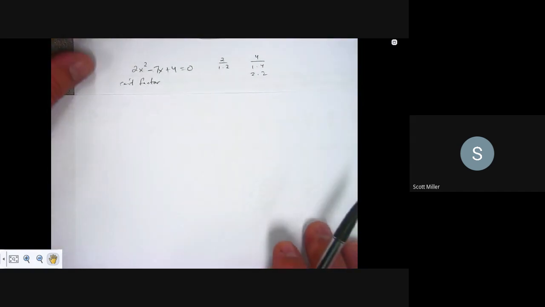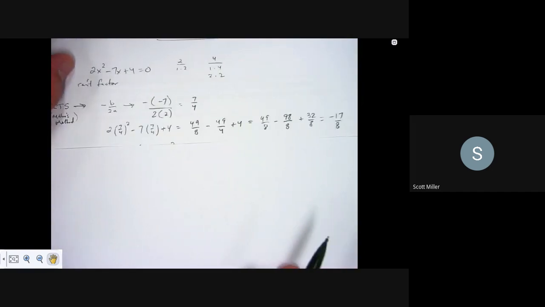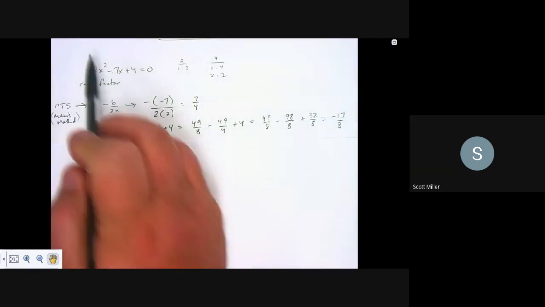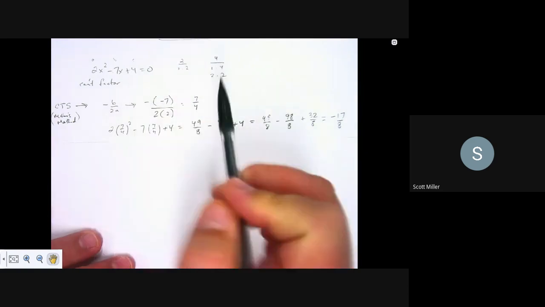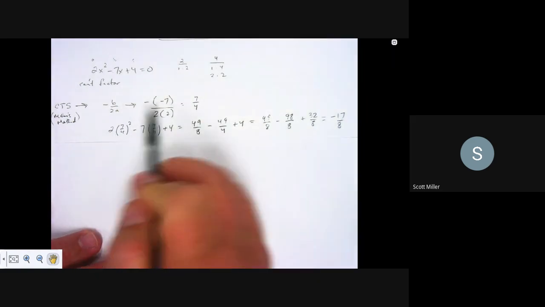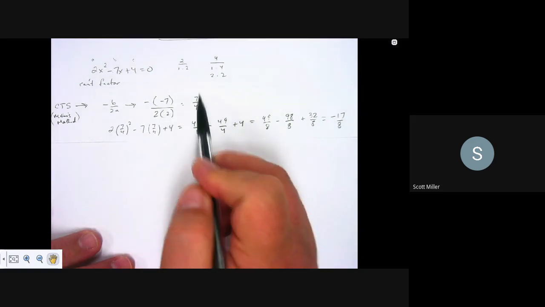In this one, I'm going to use the method I talked about, my method, which is simply to put it into vertex form. So I'm going to find the vertex. So from here, this is the A, -7 is B, and that is C. So the x-coordinate of the vertex is -b over 2a. So I plug these numbers into this, and I get a positive 7/4.